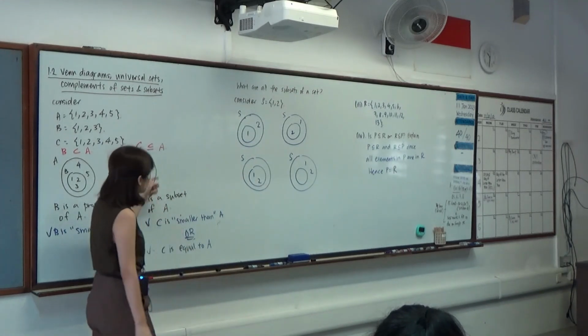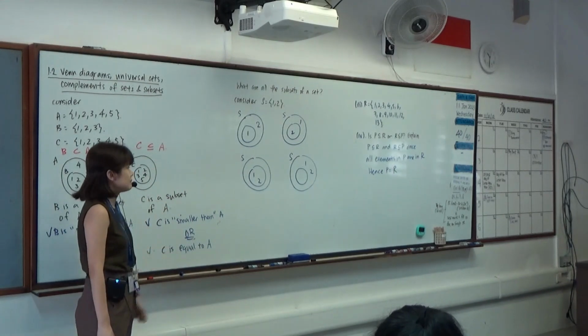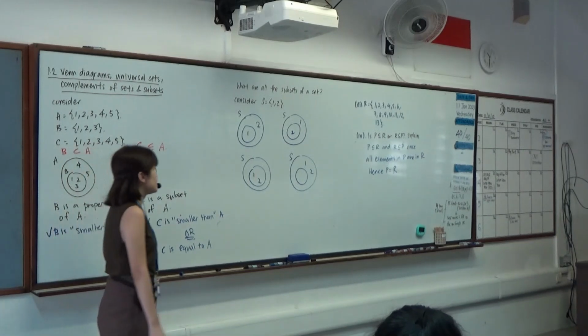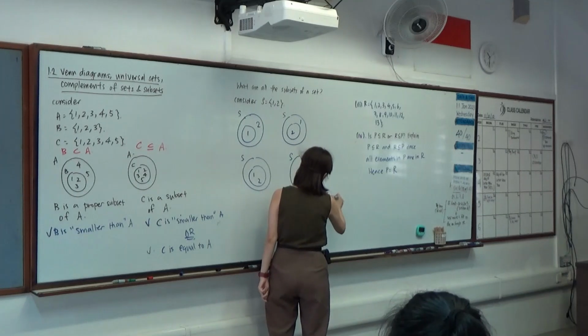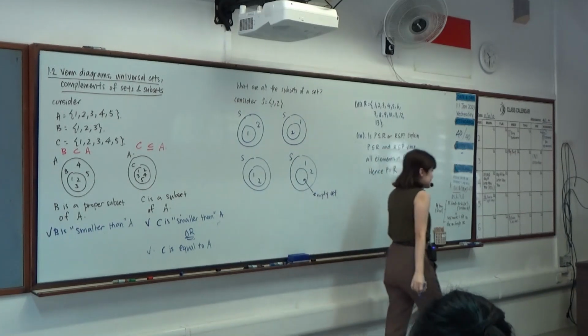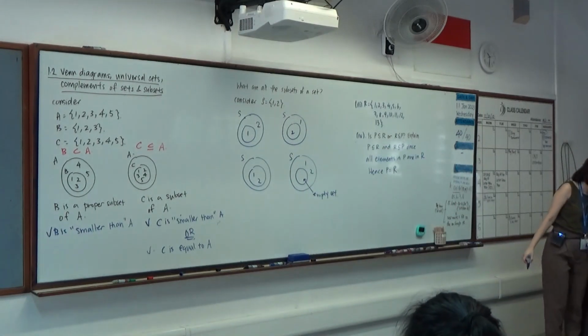We can also have the idea of the two things being exactly equal, because we're talking about subset over here, the possibility of being equal. And then we also have an empty set, which would be a subset of S in this case.